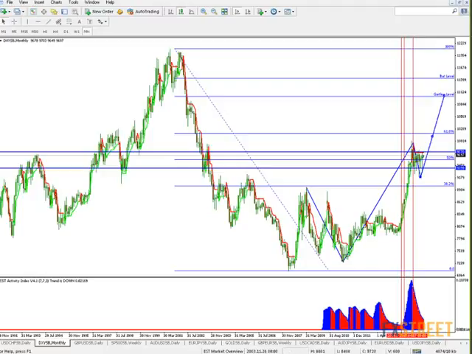Now, I'm actually just going to modify this a tad, because I could be quite wrong. Just supposing that this was actually wave 1, and this was wave 2, and wave 3 went from here to here.